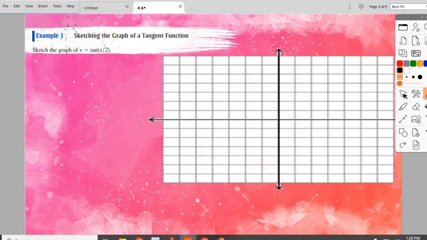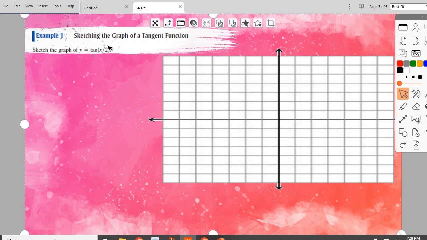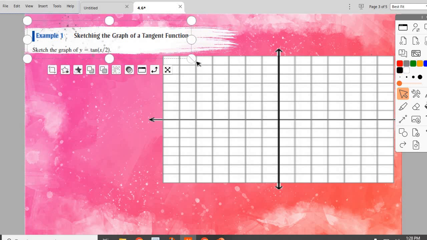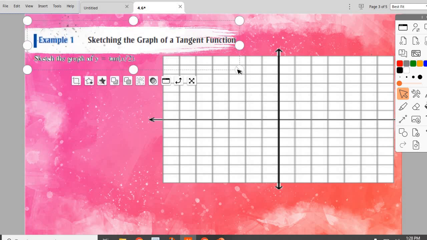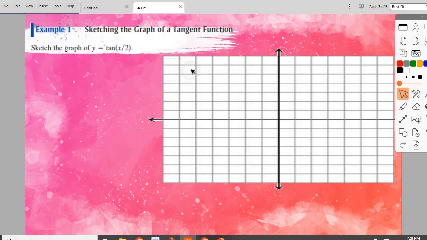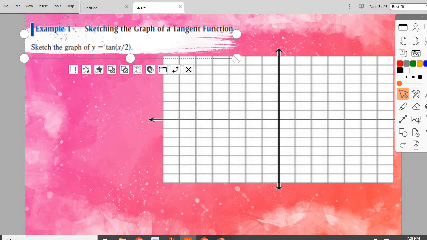So looking at this next one, let's make it a little bit bigger. What do we have there? Is it just our normal tangent graph?